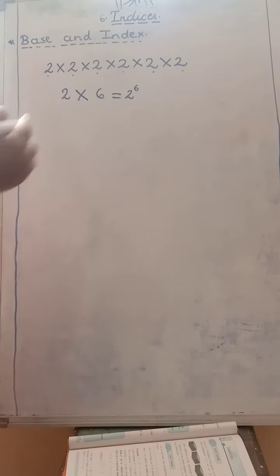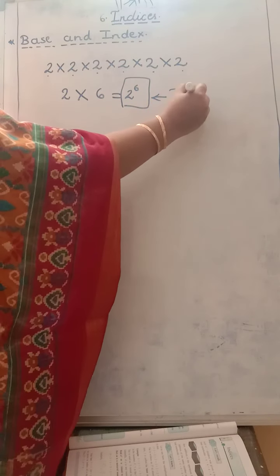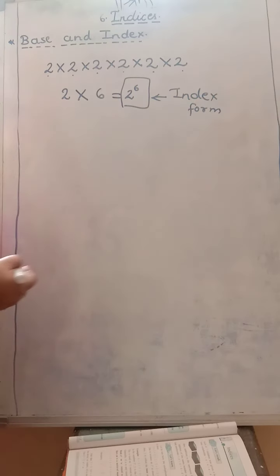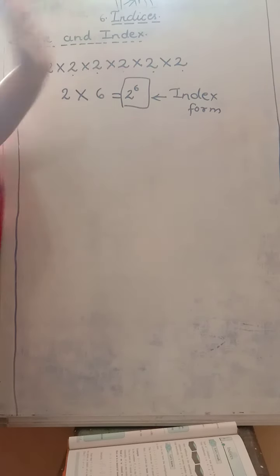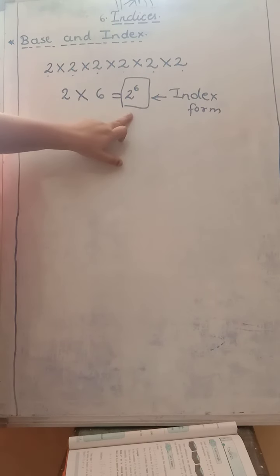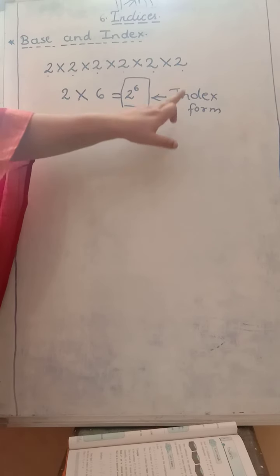This is called as a index form. This short form what we are using to write multiplication of same number several times.